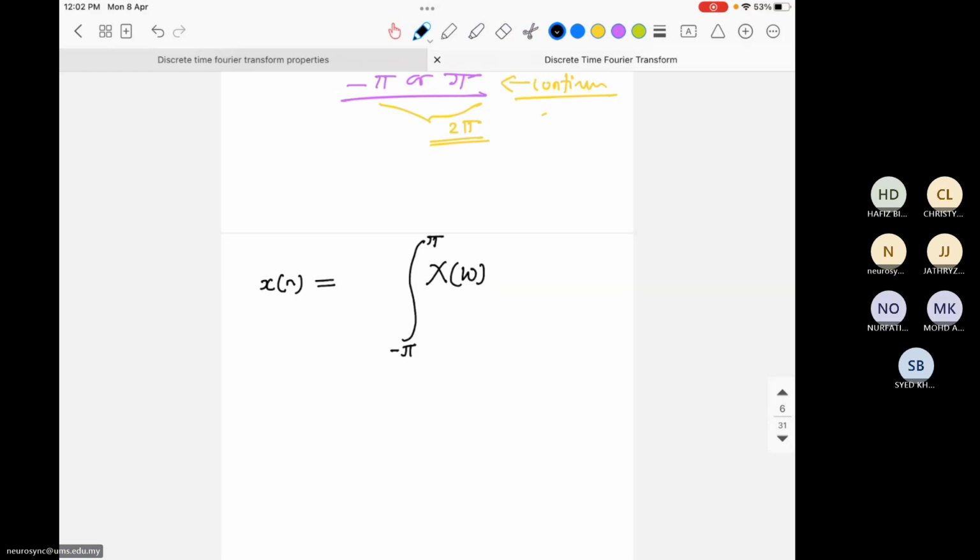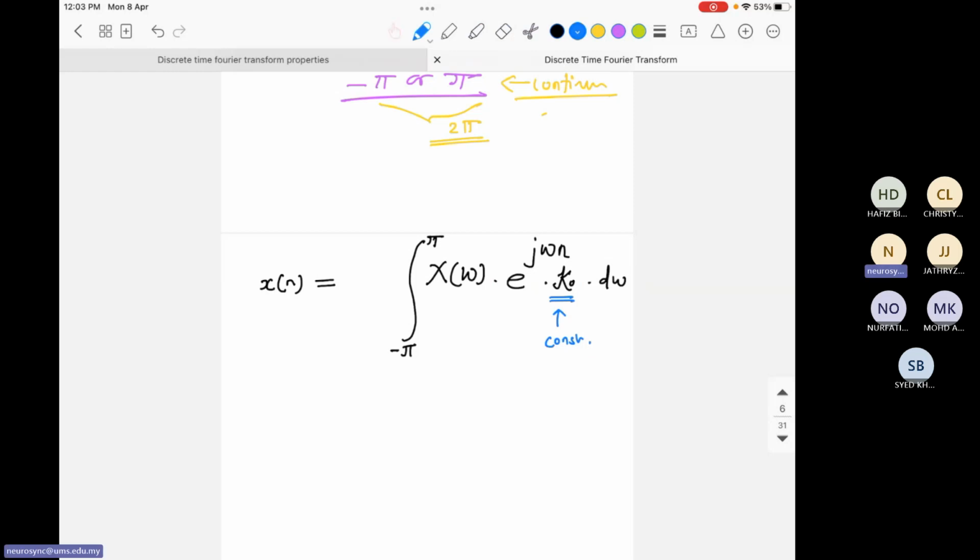And again, I need to add the inverse projection, that is e to the power j omega n, and there may be some constant term kappa into d omega. This is the constant term, so we will find the value of this kappa.